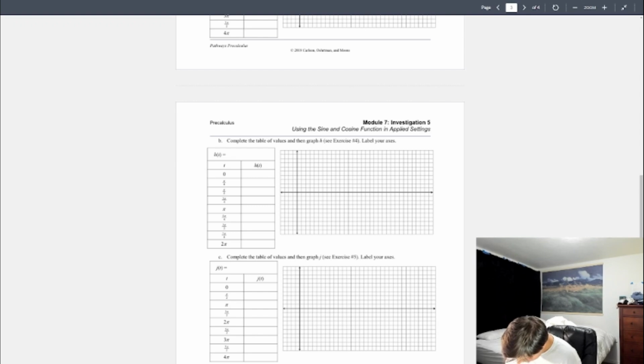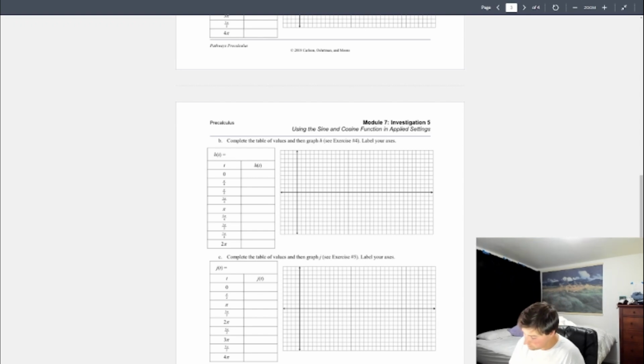So we got 0, pi over 2, pi, 3 pi over 2. So this is in increments of pi over 2, and this is in increments of pi over 4. Pi over 6 is less than that.